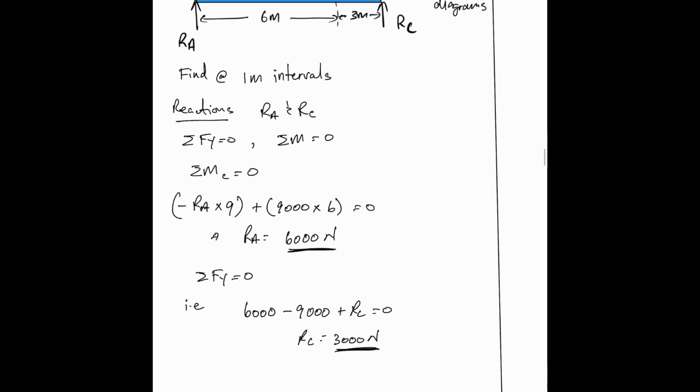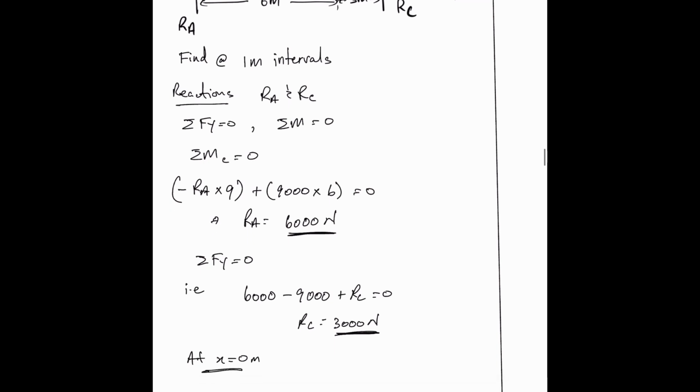Right, so we find the shear force and bending moment at 1 meter intervals. So first thing at x equal to 0, we know that the shear force is 0. Remember, it's a free edge, and then we go up by RA, which is 6,000 on the graph.